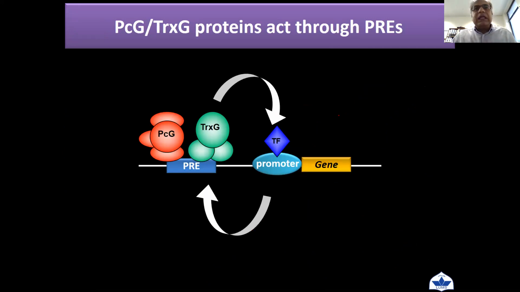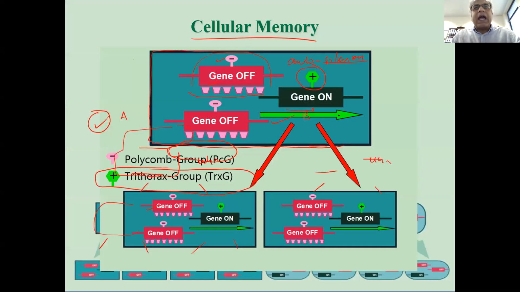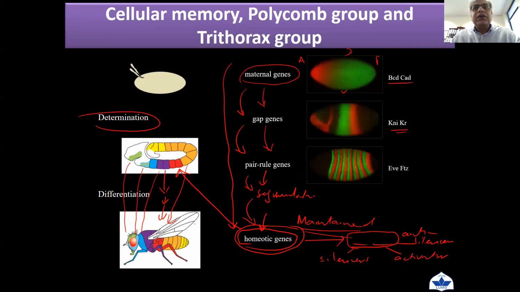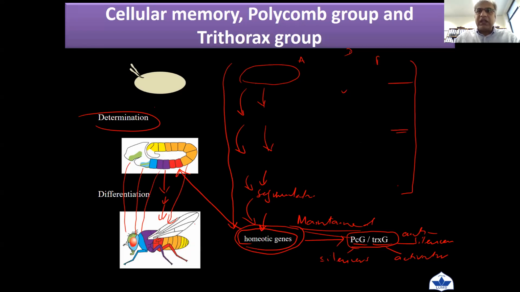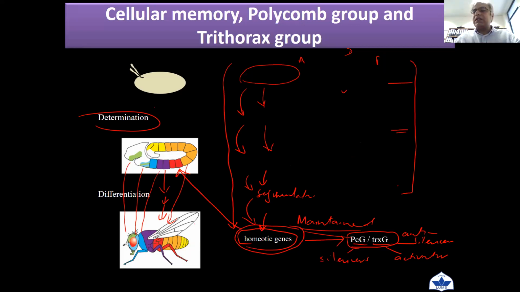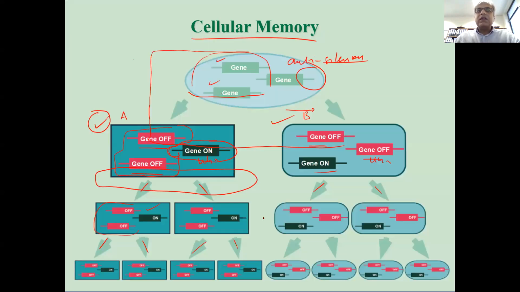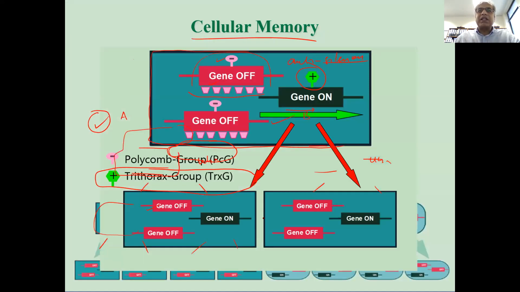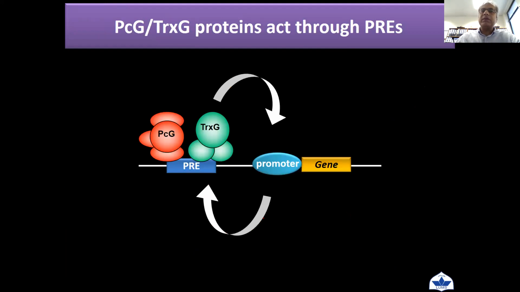This cartoon is actually showing you this picture in a simplified form: on my click, all of them disappear. After establishing the expression pattern of homeotic genes, they are disappearing now, and these characteristic gene expression patterns are to be maintained by Polycomb.